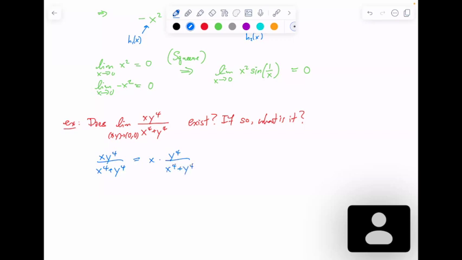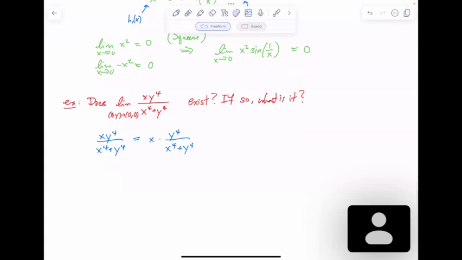We can't really cancel out the denominator in this case. We can't factor out really anything. So maybe take a look at this quantity here. What's that bounded by? I have y to the fourth over y to the fourth plus x to the fourth. Could x to the fourth ever be negative? Right, so this could never be negative.